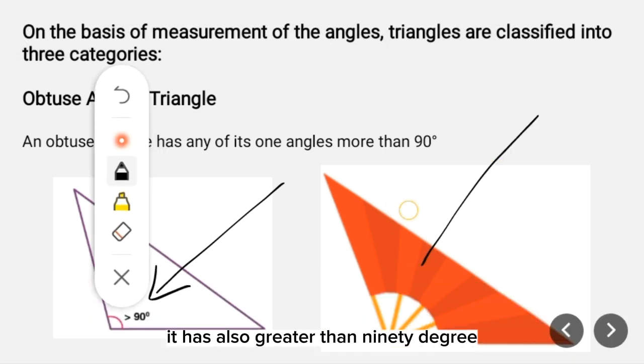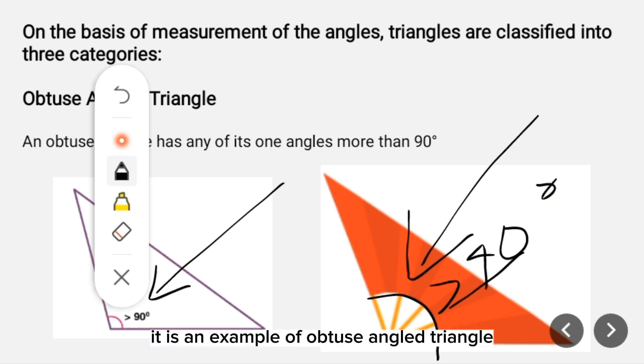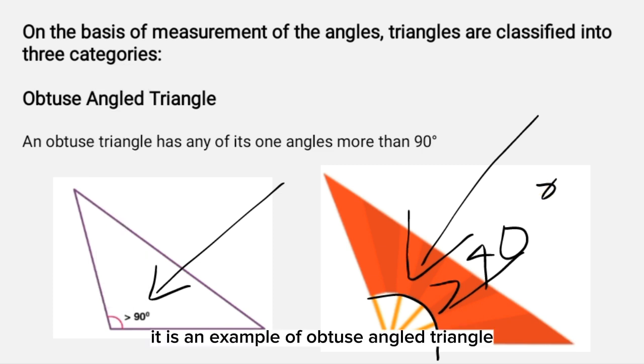It is also greater than 90 degrees. All right, it is an example of an obtuse angled triangle.